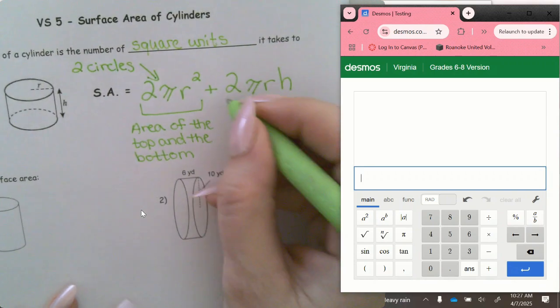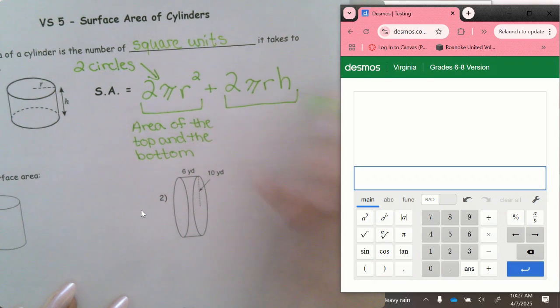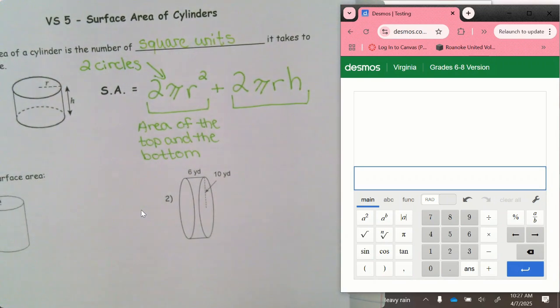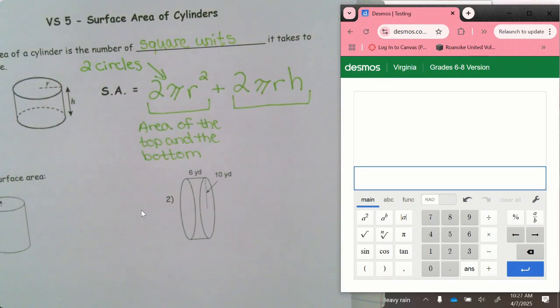Looking at the second part of this formula, the 2 pi r h. Part of the formula, not the whole thing, but a chunk of it, should look familiar from last year. It should be a formula that's on your formula sheet. Part of this 2 pi r h, what part looks familiar? Look back at your formula sheet.